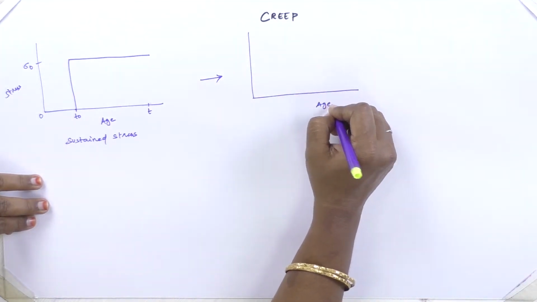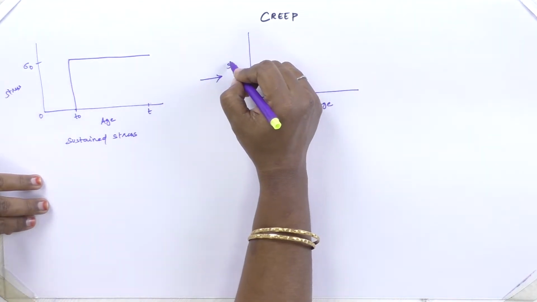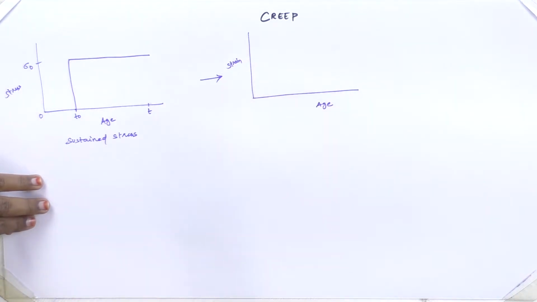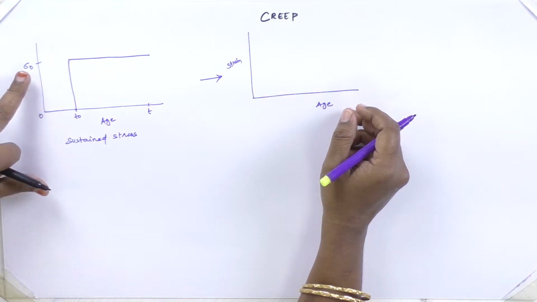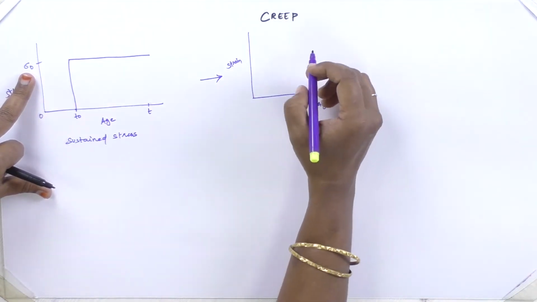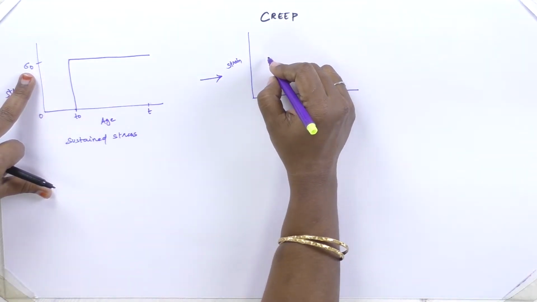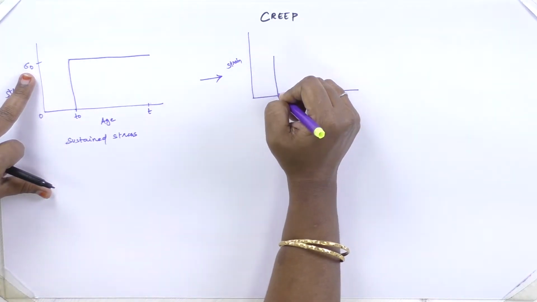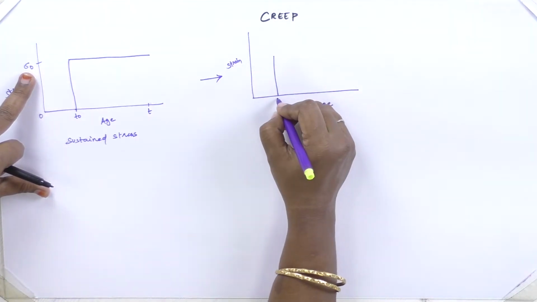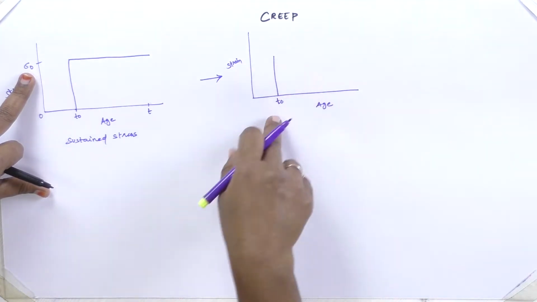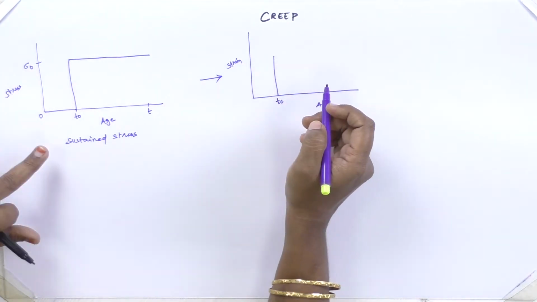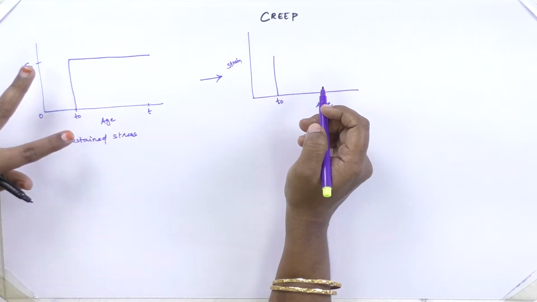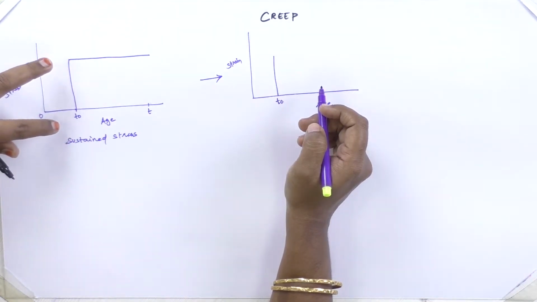Again, this is age and this is strain. Because of the stress, initially I will be getting some initial elastic strain at the age T0, that is, during the application of the stress.